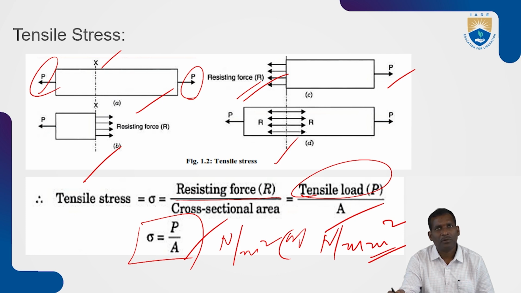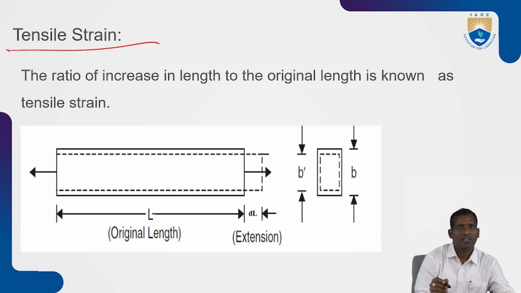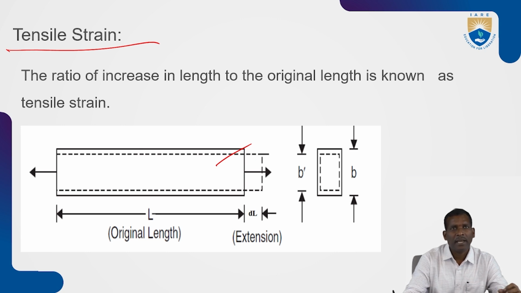Due to the deformation, the length will be increased. So now calculate how much it increased. In this diagram, the dotted lines represent the increased length and decreased diameter. So the ratio of increase in length to the original length is known as tensile strain.